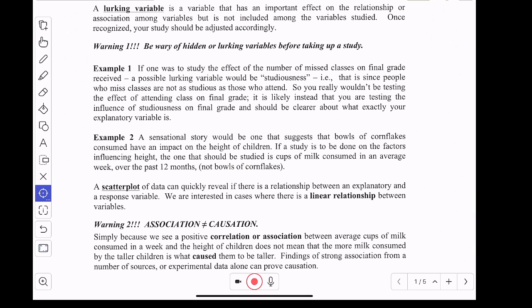We call it like a proxy for something that's hard to measure, you know, studiousness.